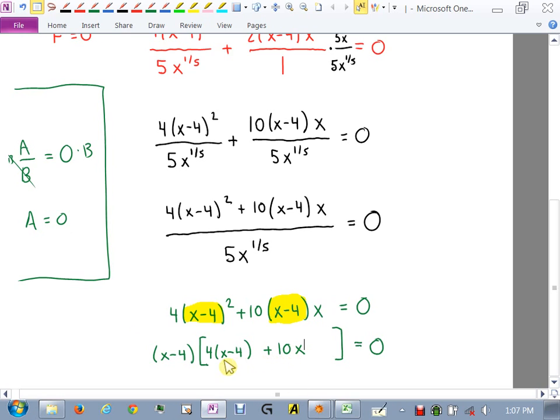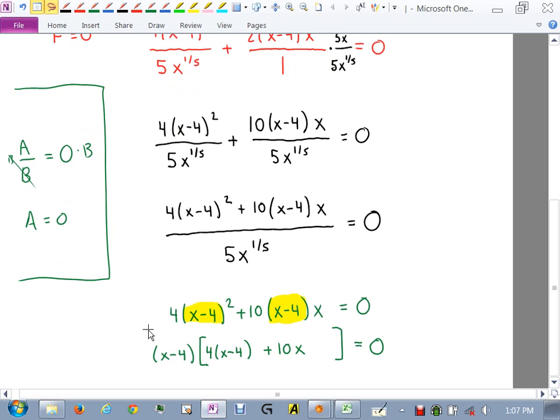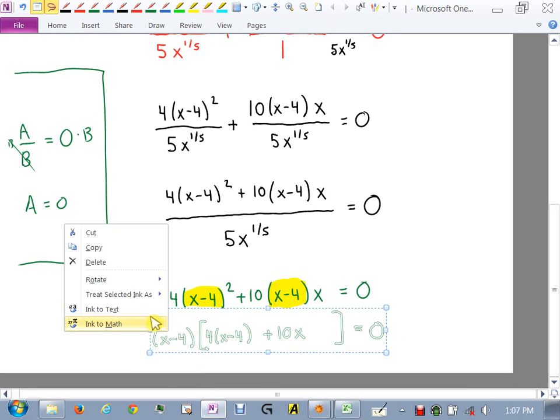What's inside the brackets is a nice expression. I mean, I can distribute 4 through, combine things together. So I'll do that on the next page. I don't need the brackets.